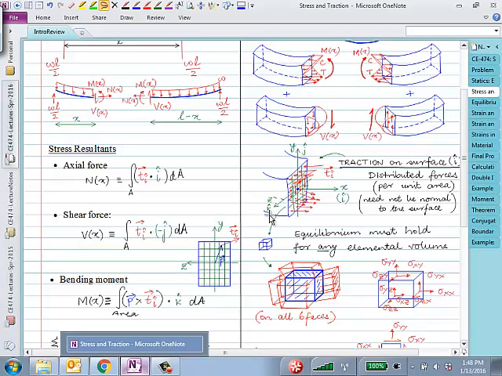Make sense? So that's why I'm taking the dot product of the three-dimensional moment in the K direction. That would be the bending moment for this type of deformation.